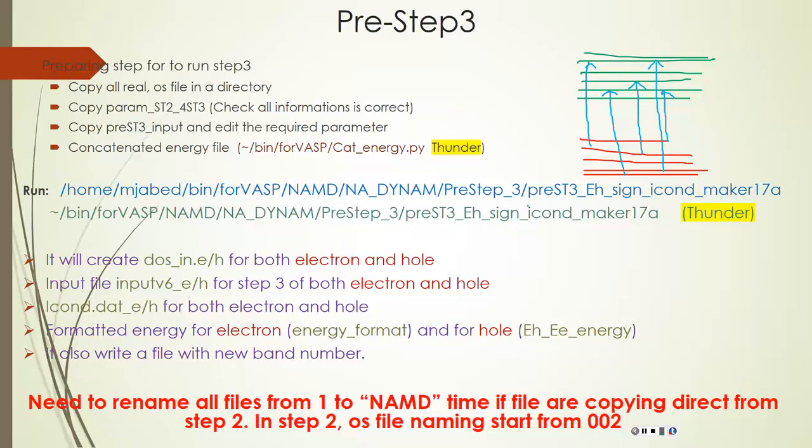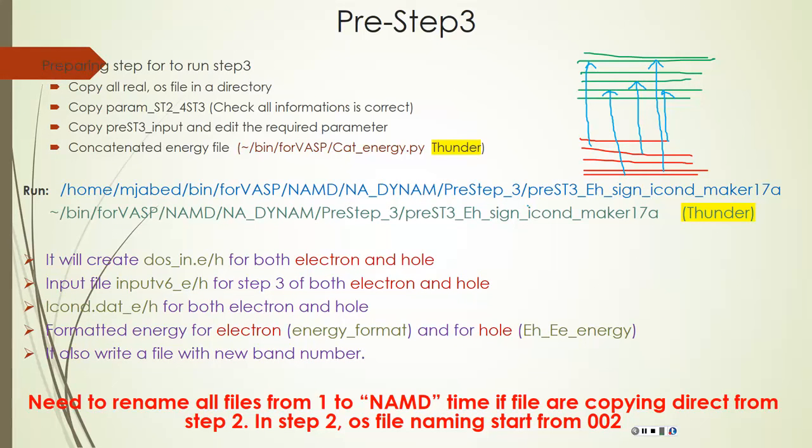If you look at this icon file, we want to relax the electrons to this band, and we want to relax the hole to this band. If you look at the directions, this direction is actually opposite, and this energy is lower compared to this band energy.